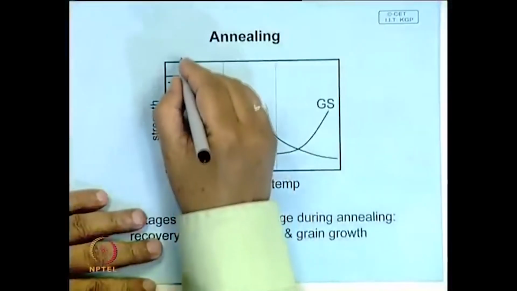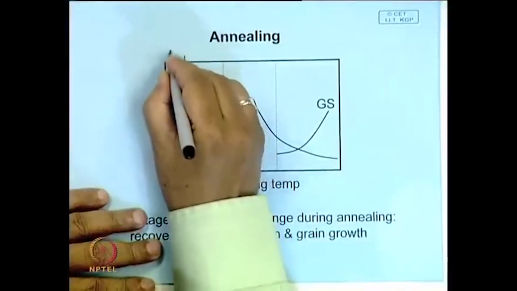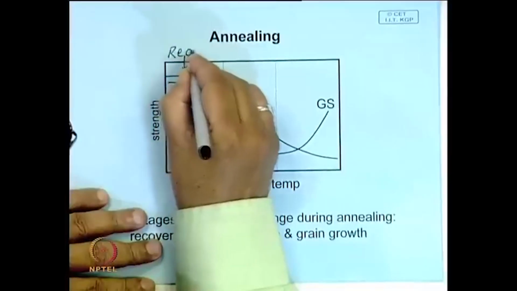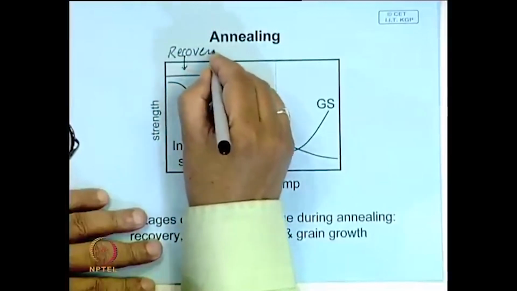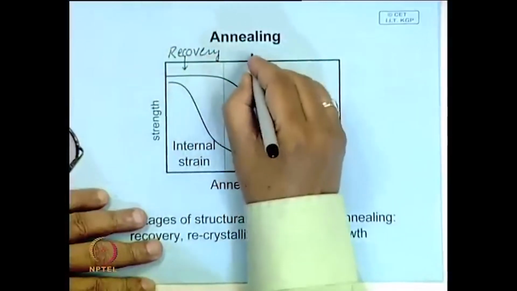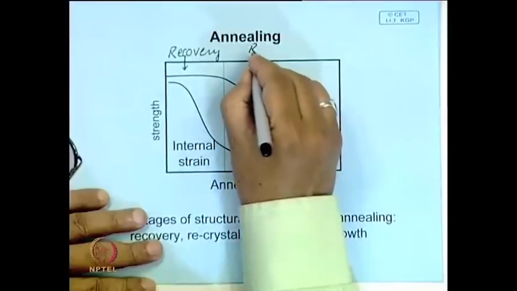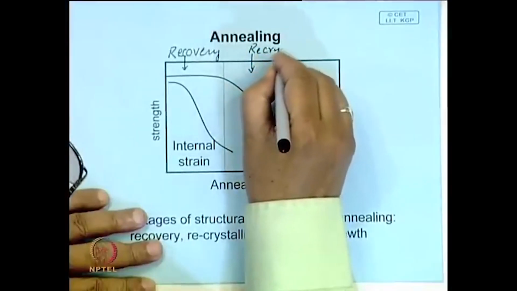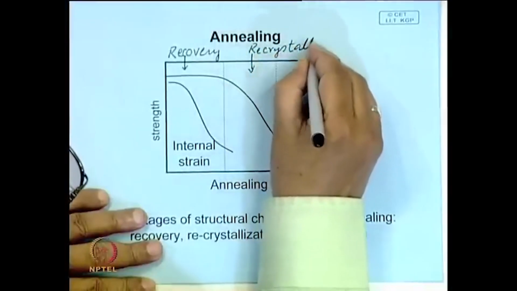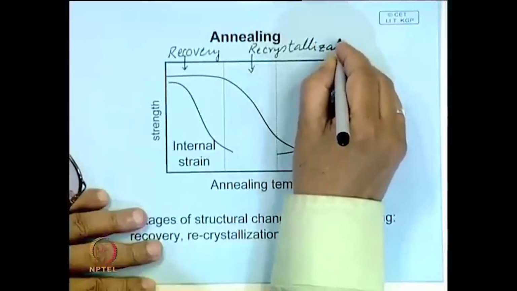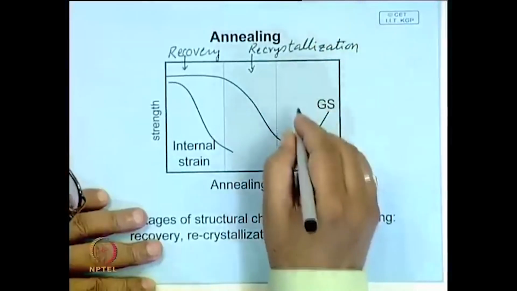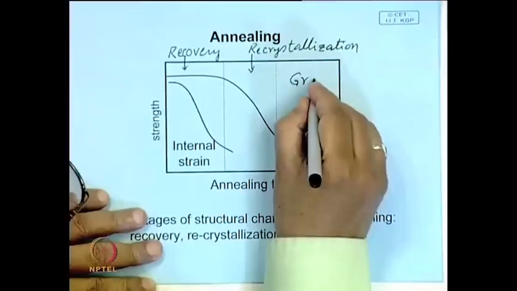This stage is called the recovery zone, or recovery stage. This is the recrystallization stage, and this is the grain growth stage.